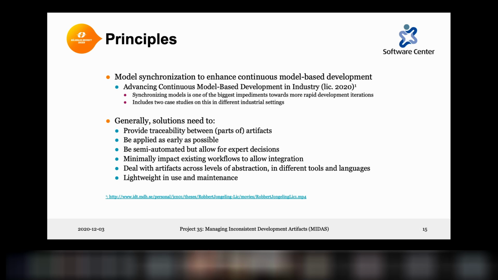And overall, these solutions need to be lightweight in use and especially in maintenance, because in the situations in which we are working, nothing of this is static. These models are modified all the time.